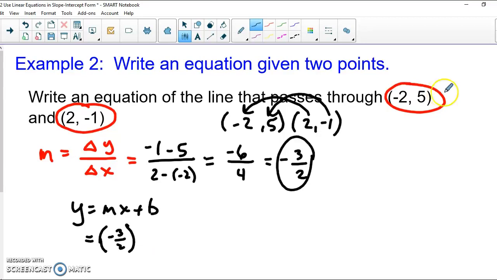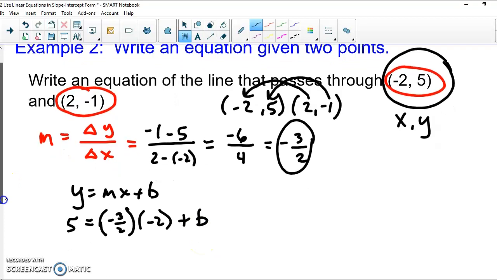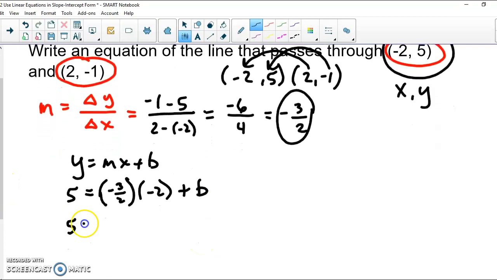So I'm going to go ahead and pick this first point, -2, 5. So -2 is my x value, 5 is my y. So I'm going to substitute -2 in for x and 5 in for y. The only value I don't know is b, so now I solve for b. Negative 3 halves times negative 2, a negative times a negative is going to make a positive. My 2 in the denominator and 2 in the numerator will cancel, so this simplifies to 3 plus b.